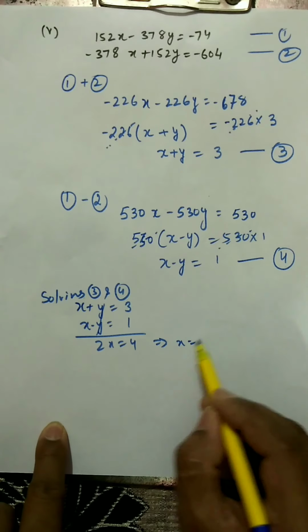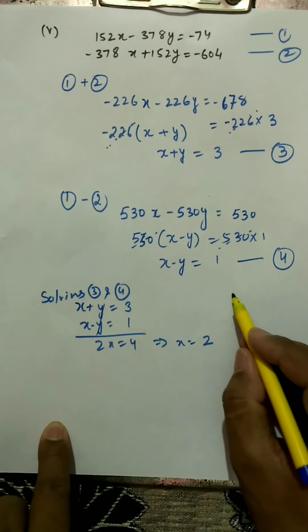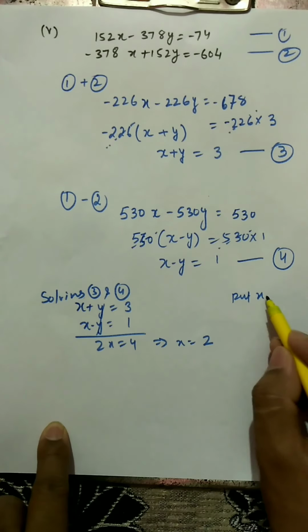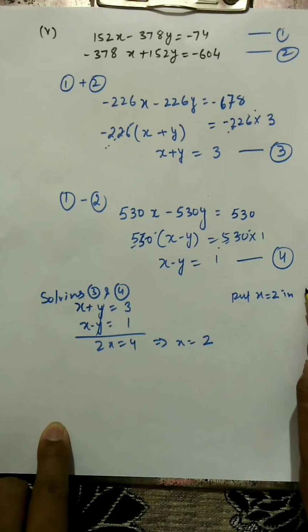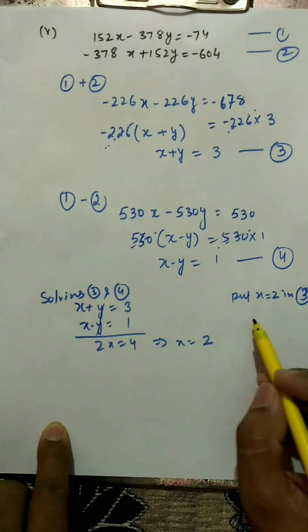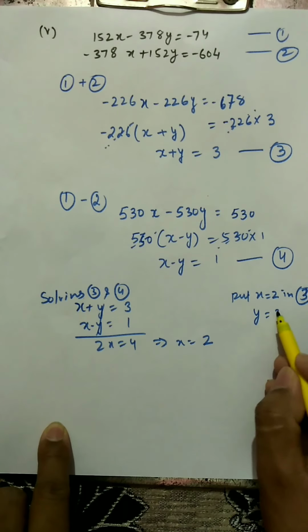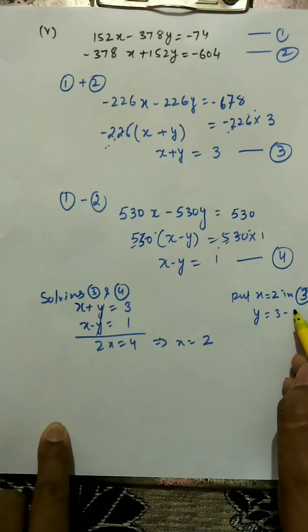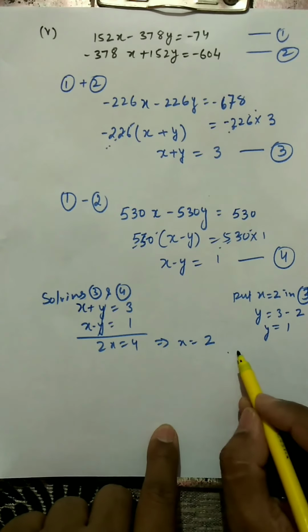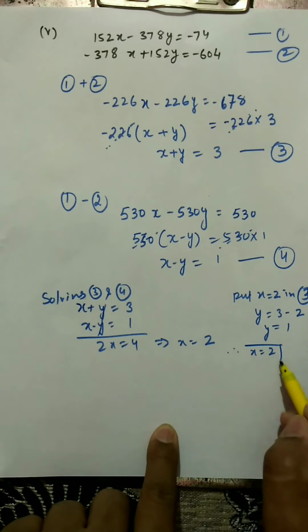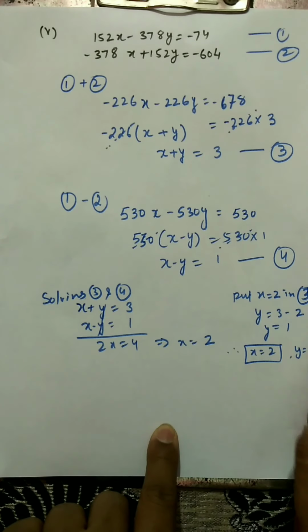So x is going to be 2, and put x equal to 2 in third, you can put. So your y will be 3 minus 2. So that is going to be 1. So therefore x equal to 2 and y equal to 1 is the answer.